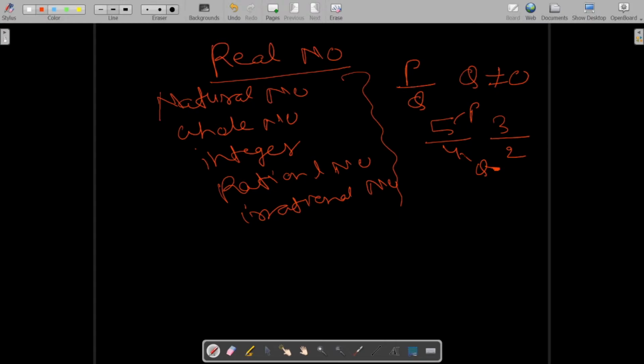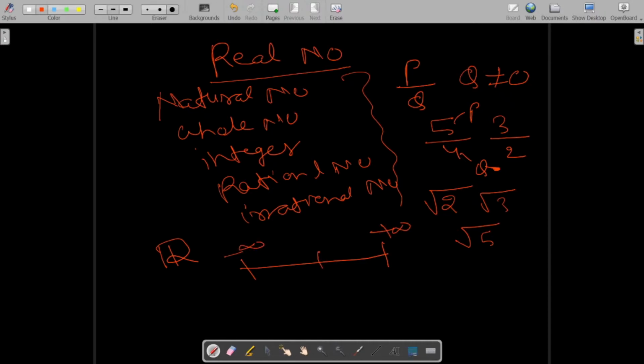What is an irrational number? Any number like, let's suppose, root 2, root 3, root 5, this is an irrational number. Integer: any number from minus infinity to plus infinity, all positive numbers, all negative numbers.